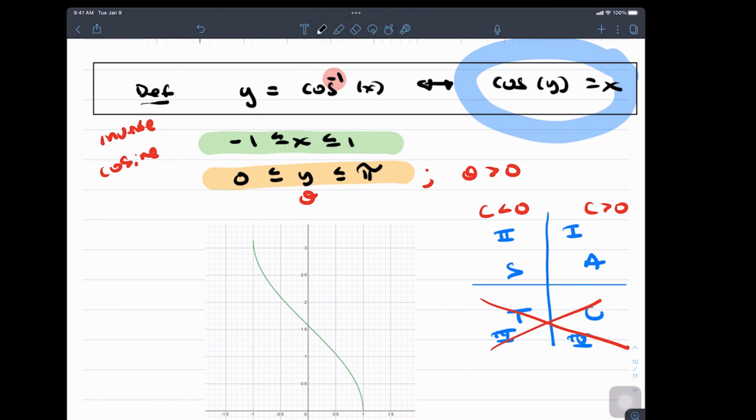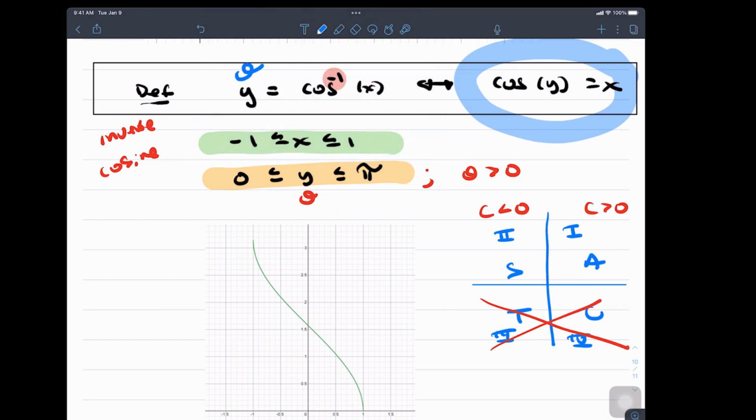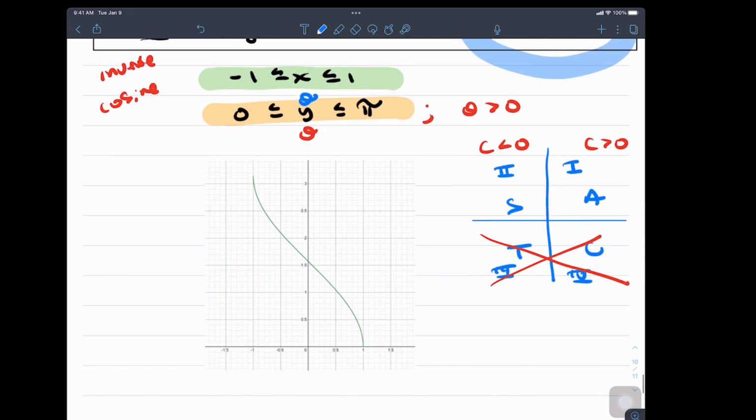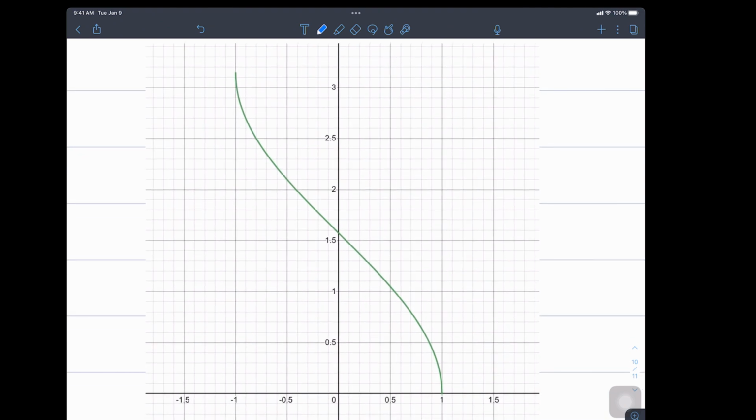And how we've been using this is we're calling this theta, right? We're calling this thing theta, really, because it's an angle. We're just switching inputs and outputs, and you get another function that has a graph with a restricted domain from -1 to 1. So remember, this domain here.